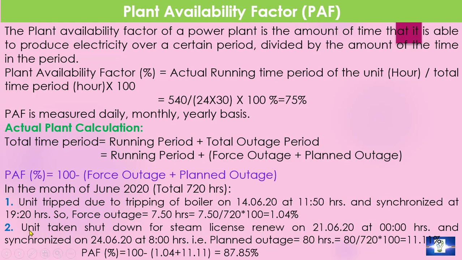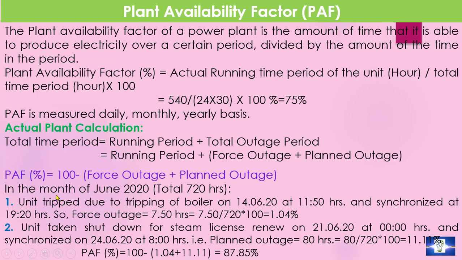On the other hand, in the same month, the unit was shut down for steam license renewal from 21st June 2020 at 00 hours to synchronization at 24 June 2020 at 8 hours. So its planned outage is 80 hours, meaning 11.11%.